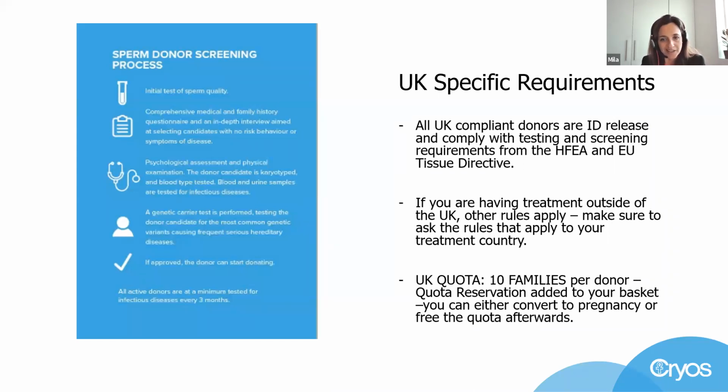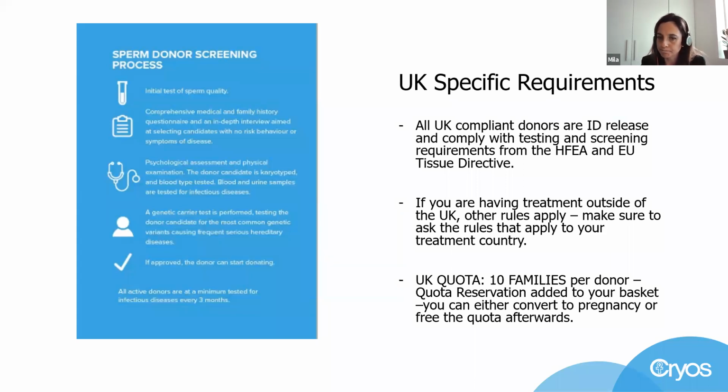In other countries, it's the opposite legislation. Only non-ID released donors are allowed, and you need to know this before making that decision, so that you understand also that moving forward, if you want siblings, you don't get surprises on the other end.